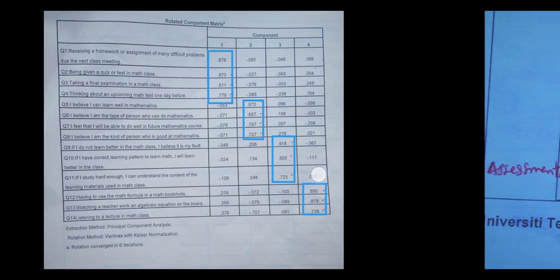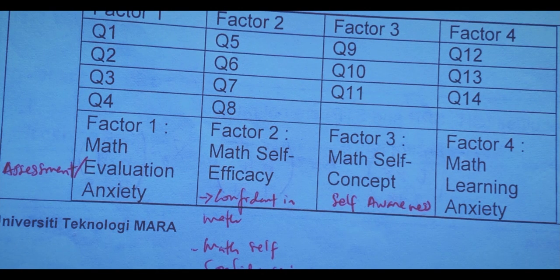So you kena tengok lah dia punya variables ni. Okay, untuk komponen pertama, dia punya variable receiving a homework, given a quiz, taking final exam, thinking about the upcoming math. Semuanya berkenaan dengan math ni. So you boleh create the special name for the first component and so on. Okay.